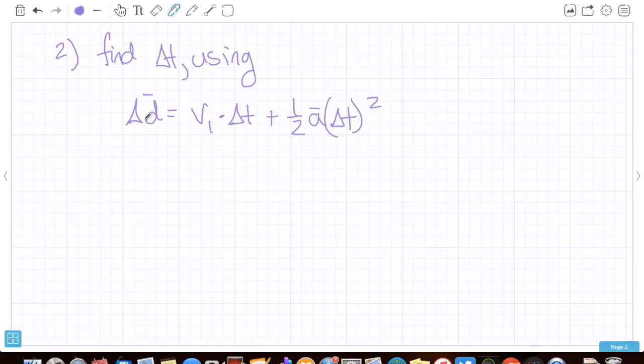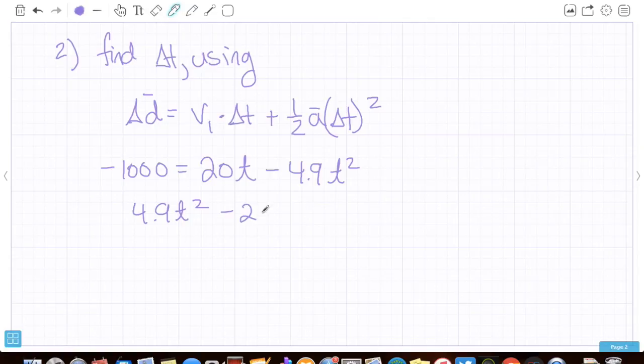Now, because all of these values are non-zero, we're going to have to use the quadratic formula. So delta d is negative 1,000. v1 is 20. I'm just going to drop the triangles. This ends up being negative 4.9 t squared. If we set this equal to 0, we get 4.9 t squared minus 20t minus 1,000.